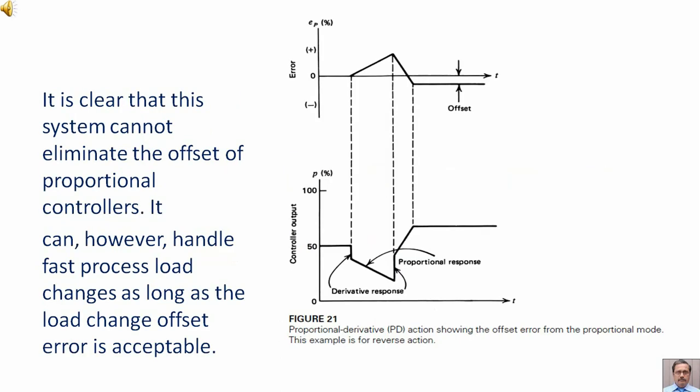It is clear that this system cannot eliminate the offset of proportional controllers. It can, however, handle fast process load changes as long as the load change offset error is acceptable.